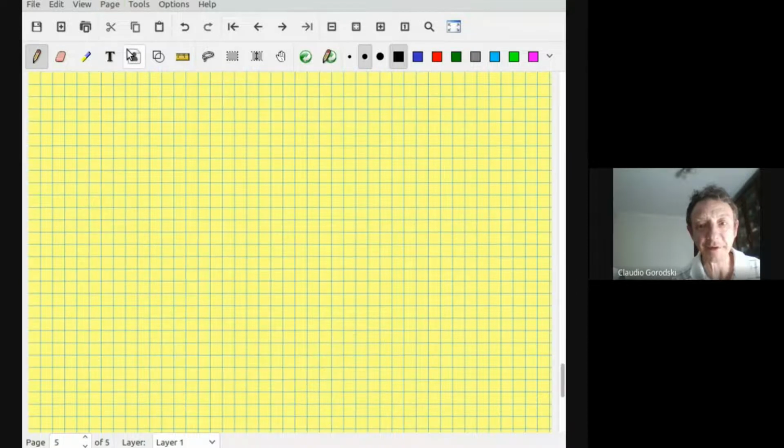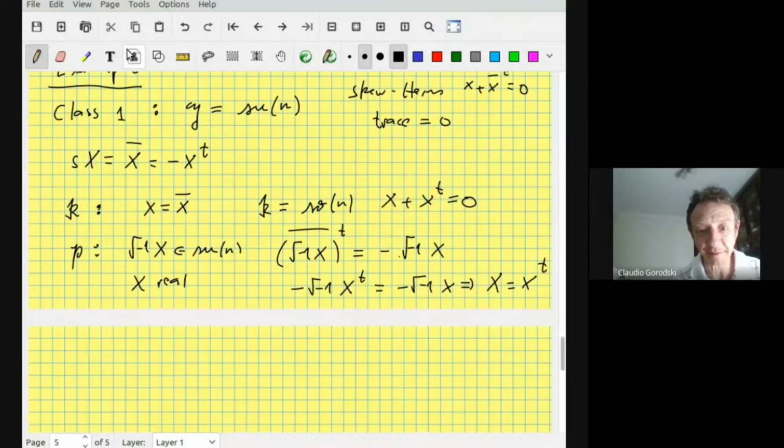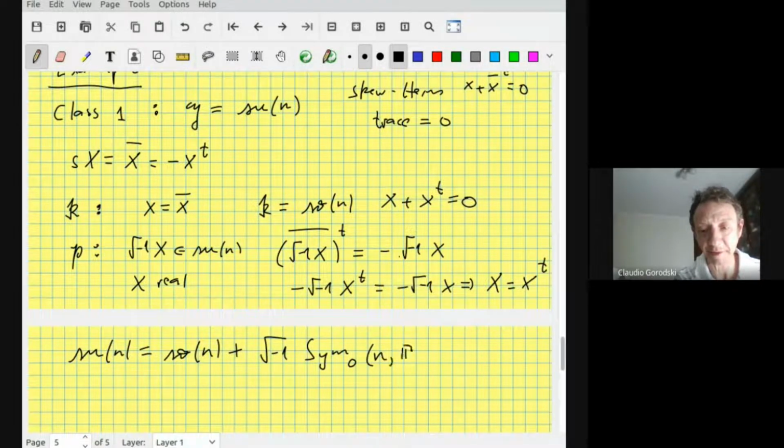So the involutive decomposition in this case, G equals K plus P, is like this. SU(n) is SO(n) plus square root of -1 times symmetric matrices of trace 0, n by n, real.